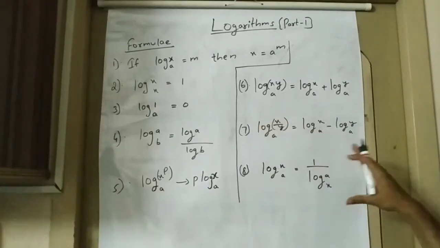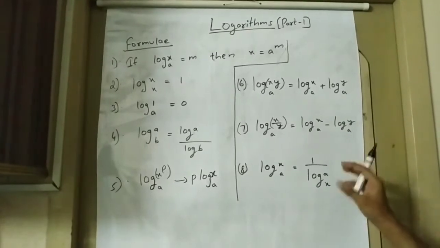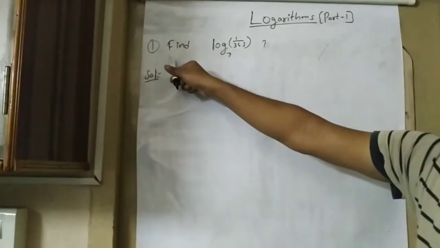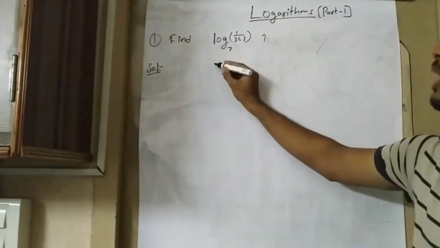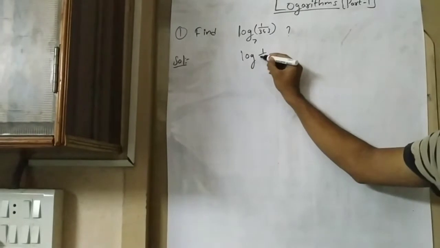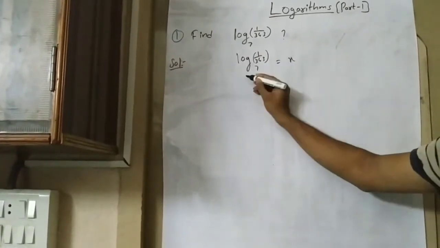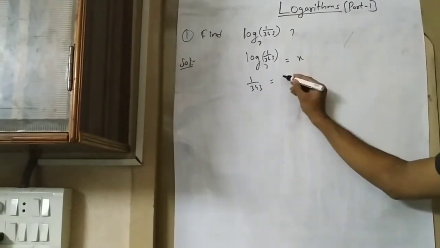These are the formulas you need to know. Get thorough with these formulas, then you can solve the logarithm problems very easily. In this first question, they are asking to find log 1 by 343 base 7. Let log 1 by 343 base 7 be x. So 1 by 343 becomes 7 power x.